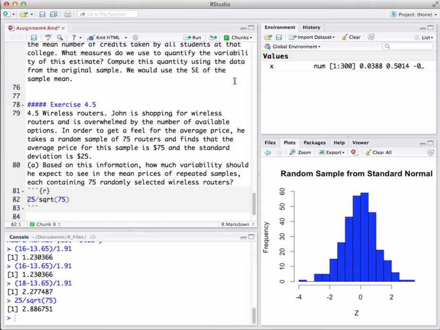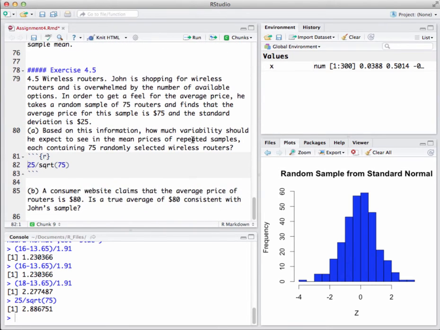Okay, all right. In part B of this particular problem, they say a consumer website claims that the average price of routers is $80. Is a true average of $80 consistent with John's sample? Okay, well, what they want to know is how many standard errors is the price of $80 away from John's estimate.